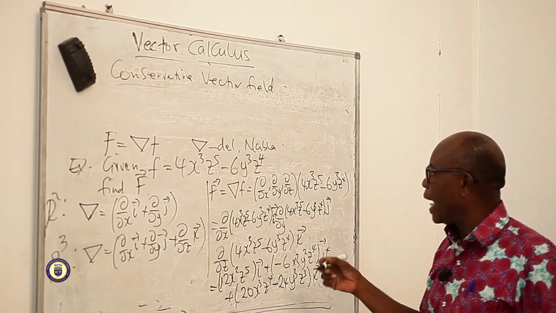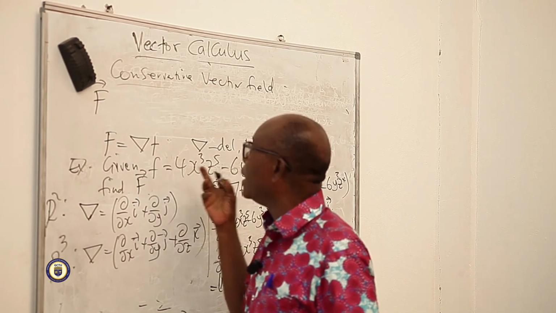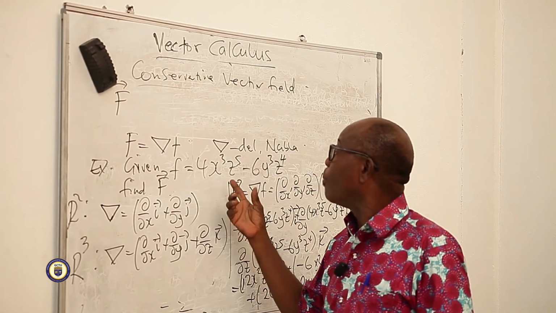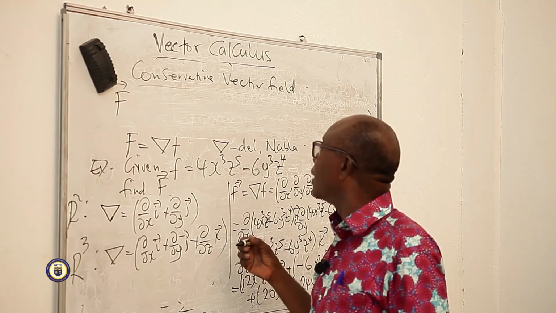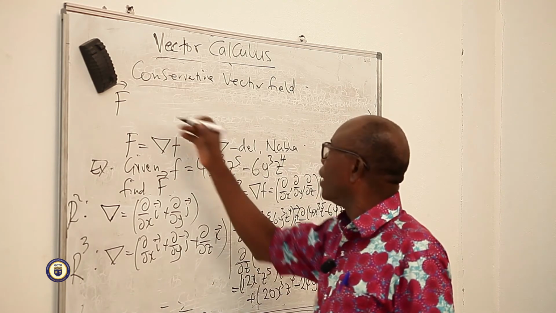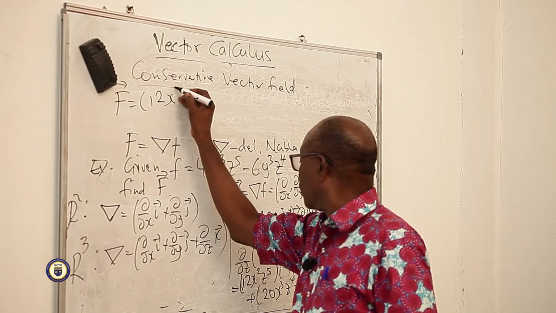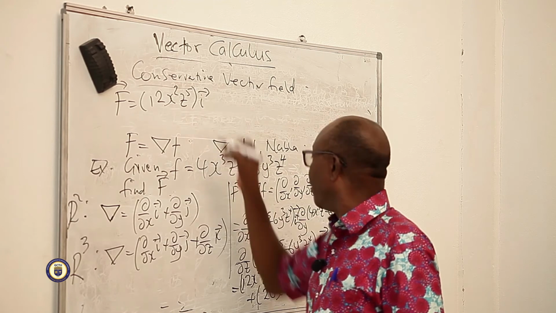To tidy this up, out of the potential function that is given, our conservative vector field now becomes 12x squared z to the power 5 in the i direction.